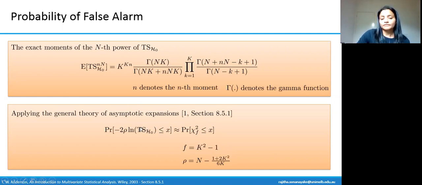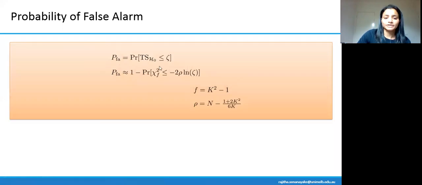Doing a simple change of variables, we can find the CDF of this random variable. That is how we found the false alarm probability, which takes a form like this. It was a really simple expression in terms of the chi-squared distribution, but it was an approximation.